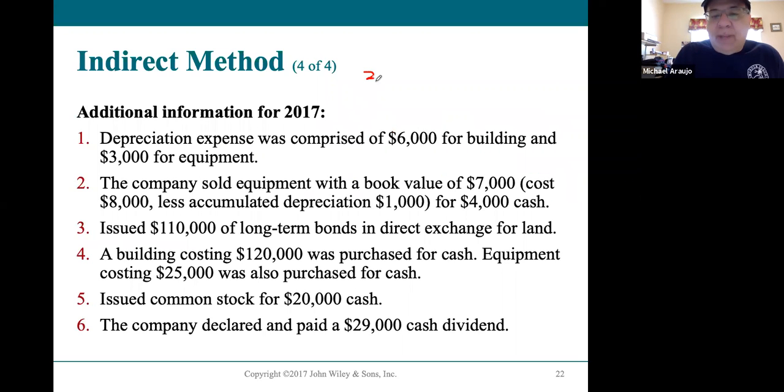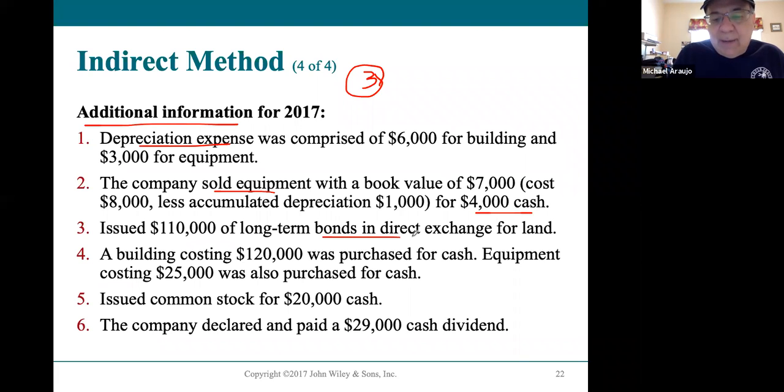And the third piece of information we need for a cash flow is all that additional information. And here there are 6 little pieces that we have to look at, including depreciation expense, the fact that the company sold equipment and received some cash for that sale.